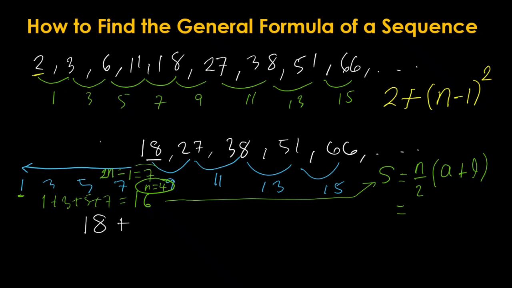Now our n is 4, so we have 4 over 2. The first term is 1, the last term is 7, and over 2, that's 8.